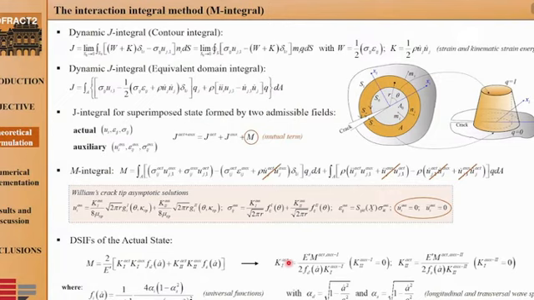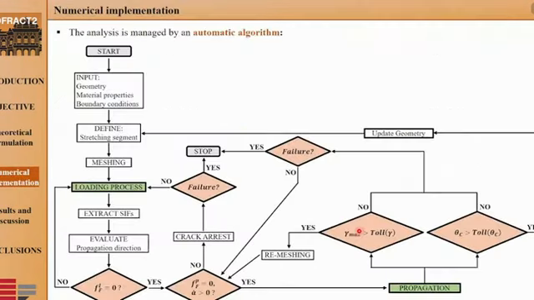Finally, the dynamic SIFs of the actual state are evaluated using two interaction integrals, considering auxiliary states those of pure mode 1 and pure mode 2. An automatic algorithm manages this method. The analysis starts by defining geometry, material, and boundary condition.